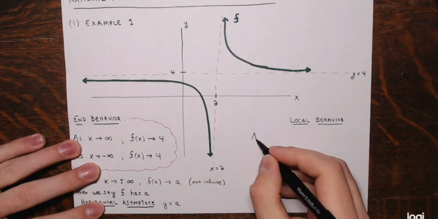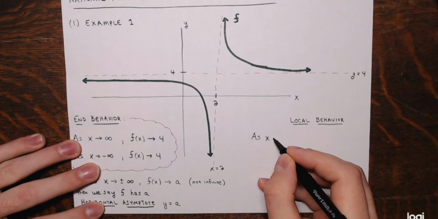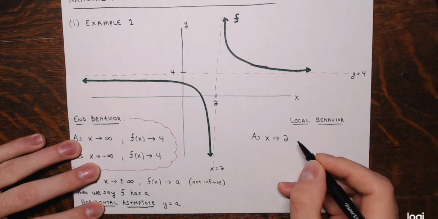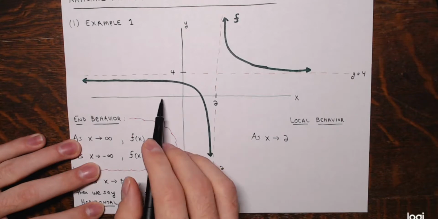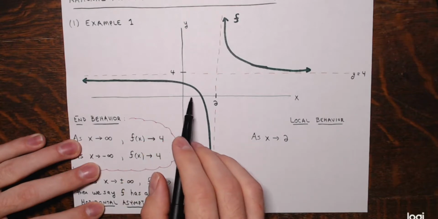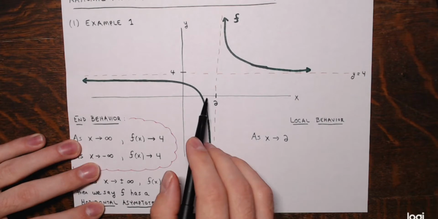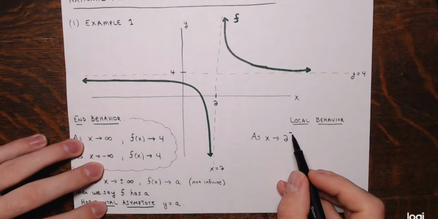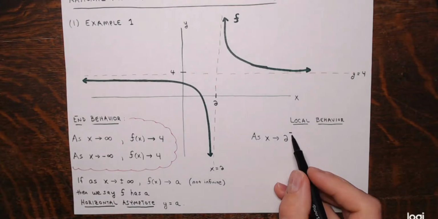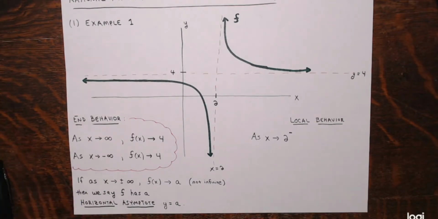So as x approaches 2, and then if you want to say from the left, if you're on the x-axis and want to approach 2 from below or from the left, you put a little minus sign above the number 2, almost like an exponent.